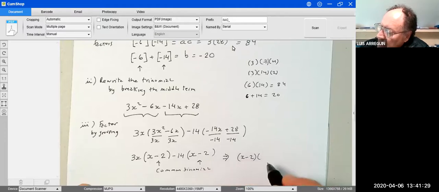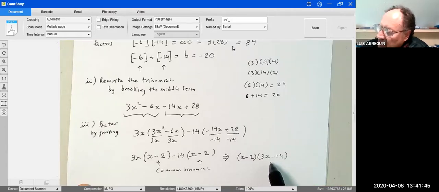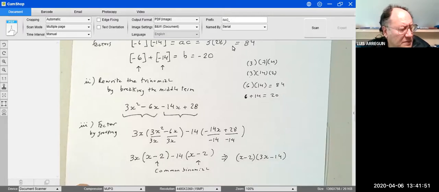The other factor is just the greatest common factors that you found before. 3x was my first greatest common factor, and negative 14 my second. So the second binomial is the binomial of the greatest common factors, and the first one is the common binomial. So this is the solution for this problem.